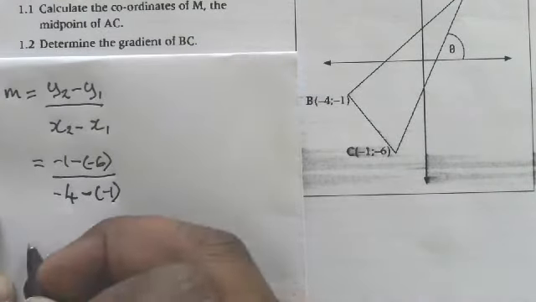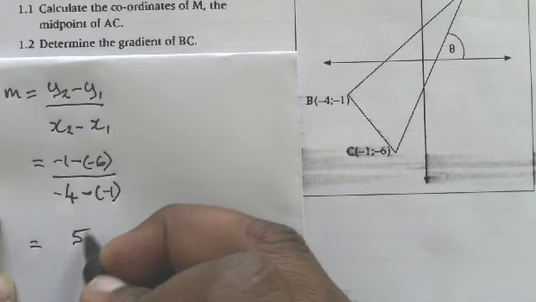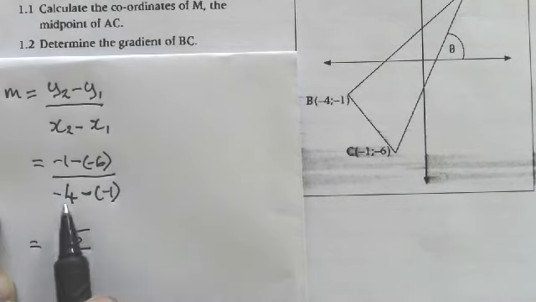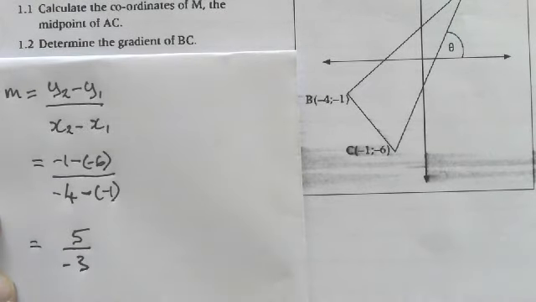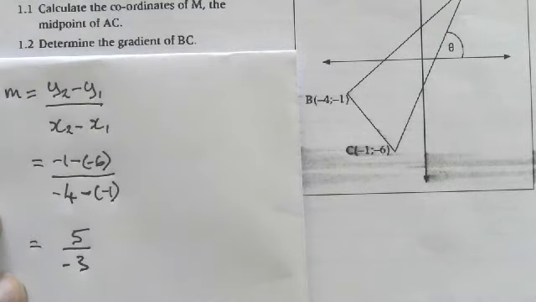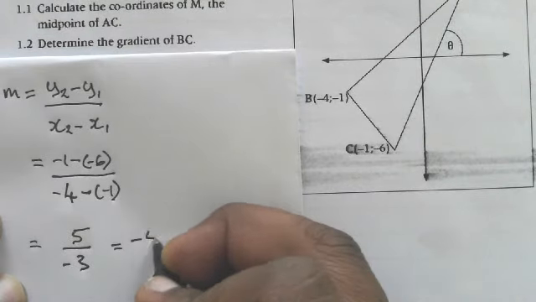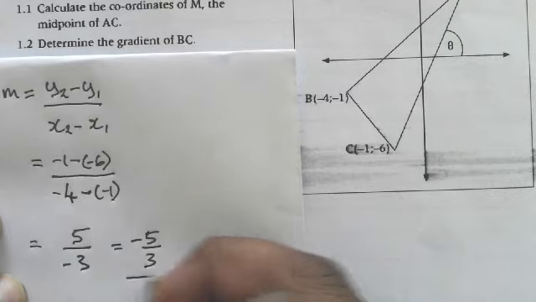So this is going to be equal to negative 1 plus 6, which is 5, over negative 4 plus 1, so that becomes negative 3. You can just type it in the calculator one time and get the answer, no problem. So this gradient is negative 5 over 3.